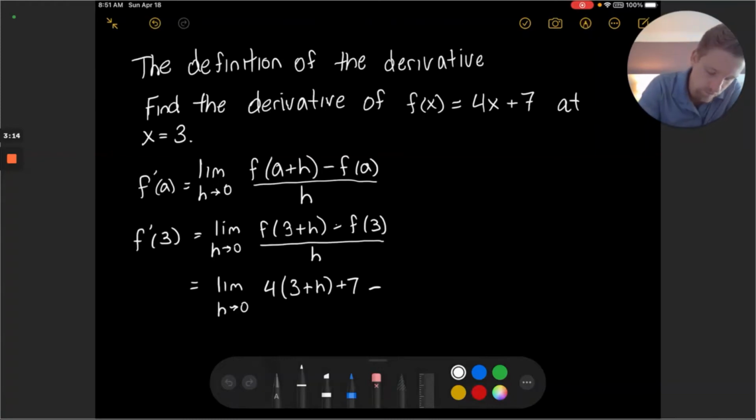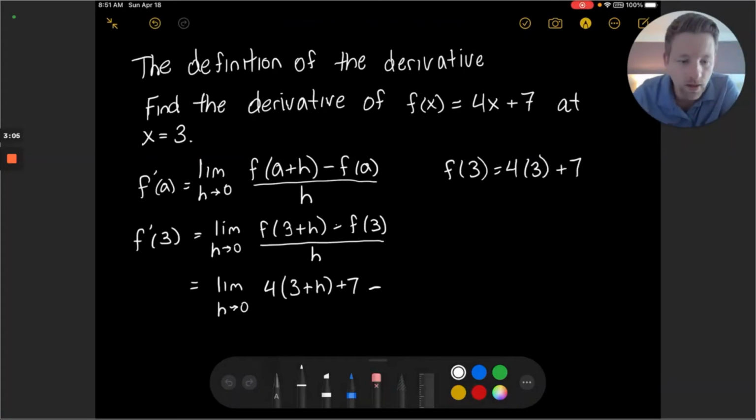If we do the functional value here on the side, that would be f of 3 equals 4 times 3 plus 7. In total there, looks like we'll have 19. So we're going to subtract 19 and then divide everything by h.